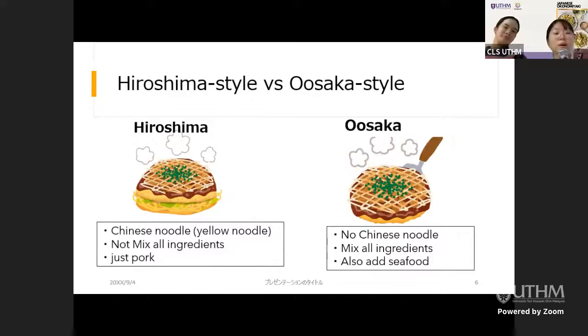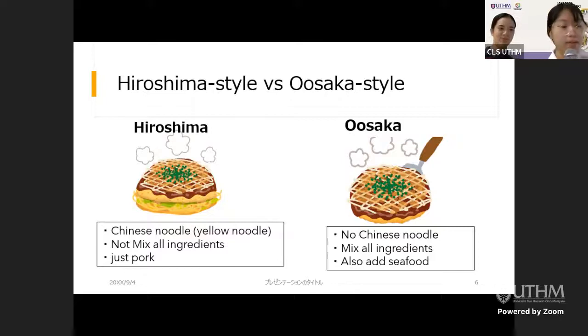On the other hand, Osaka style is this one, and there is no noodle, and all ingredients are mixed. Also, seafood such as squid and shrimp is sometimes added. So Osaka style is easier to make.